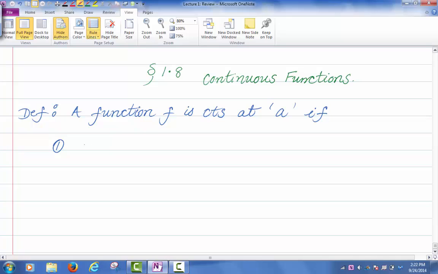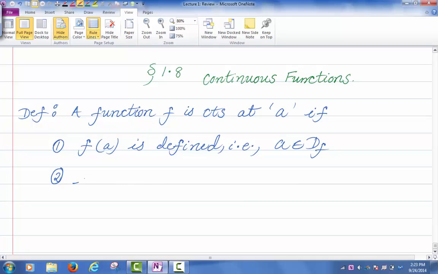One, f of a is defined. So the function is defined at a, meaning that a is in the domain of the function, right?